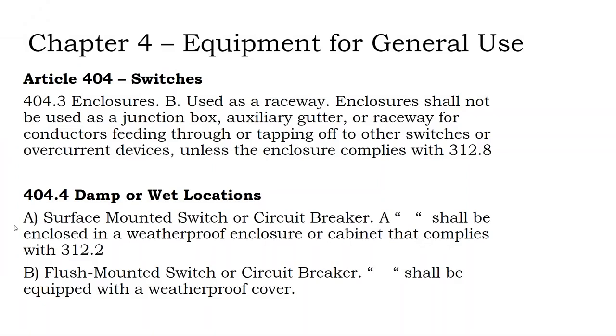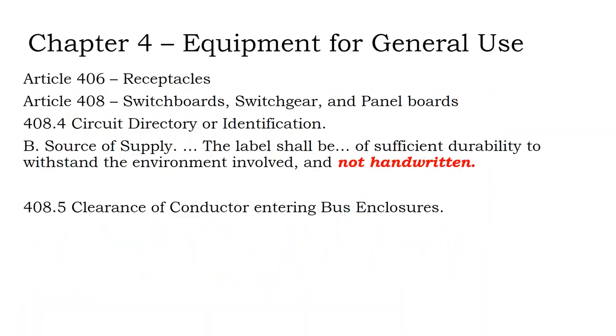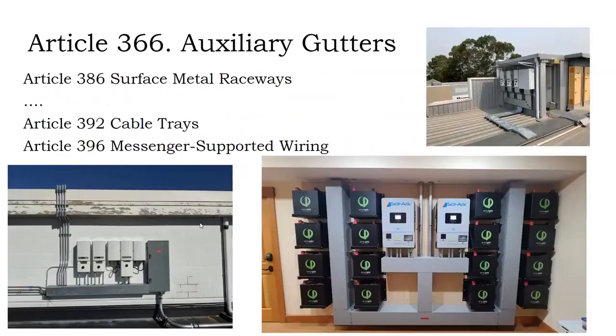So, damp or wet locations. We have to make sure that if it's in an outdoor environment, if it's wet, if it's underneath an awning, that we're using wet rated boxes. Since we have this picture and we're not too far away from it, it's a little hard to see, but there are these little black connectors on that EMT.